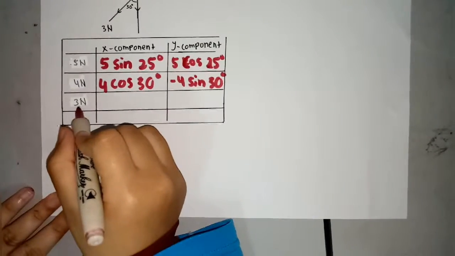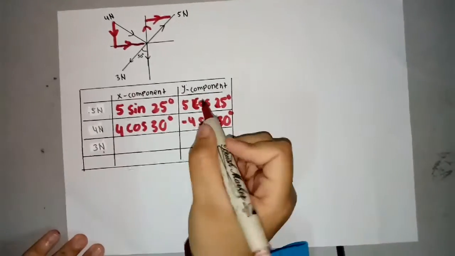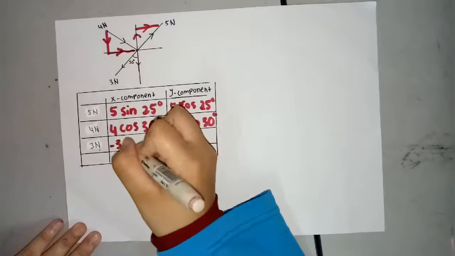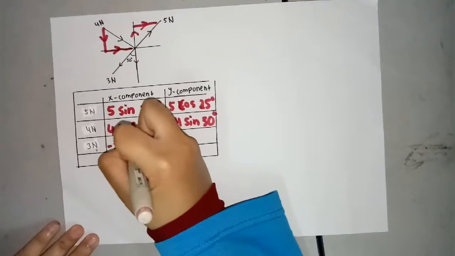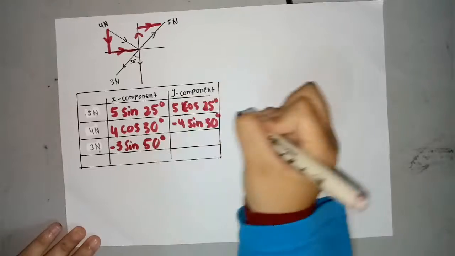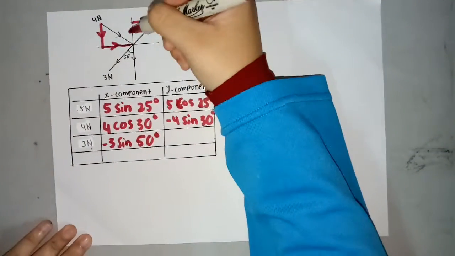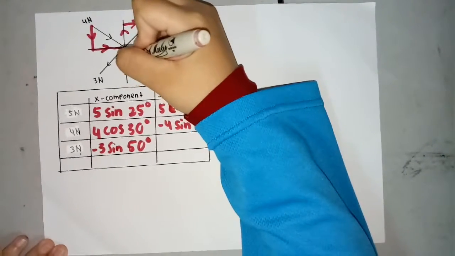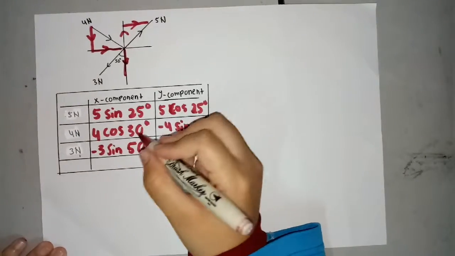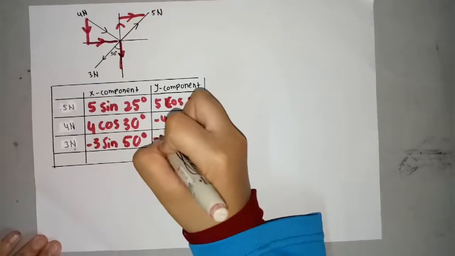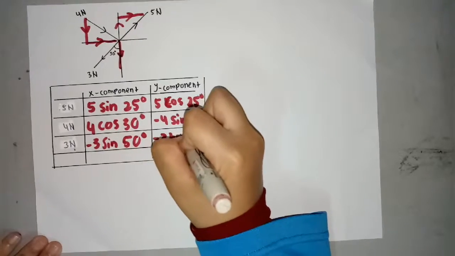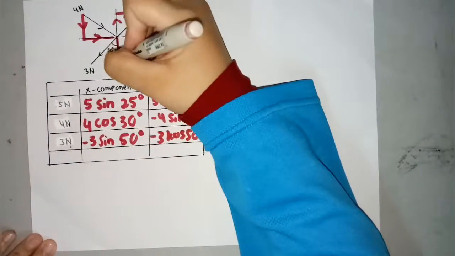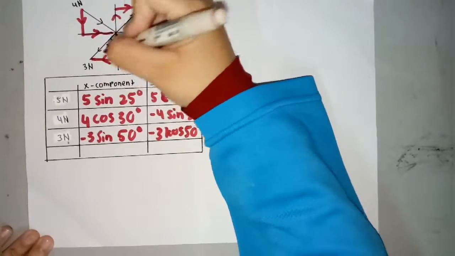Okay, for the 3 Newton, the x component is negative 3 sine 50 degree because the arrow is downward. And the y component of 3 Newton is negative 3 cos 50 degree because the arrow is to the left.